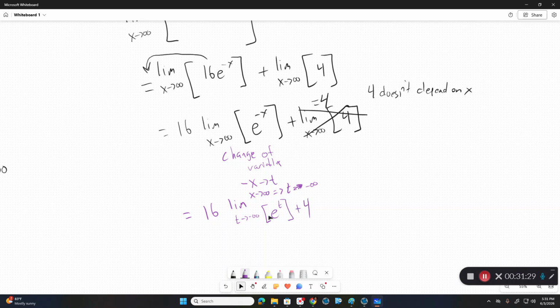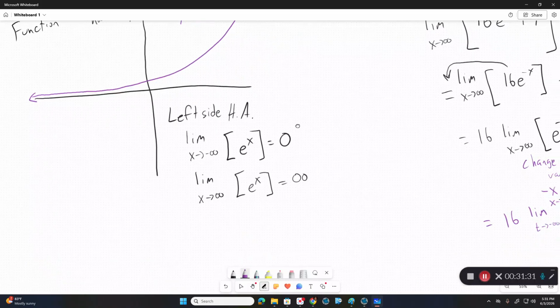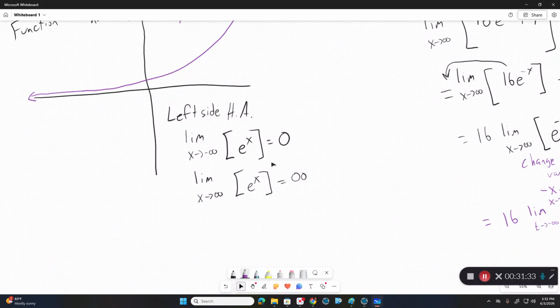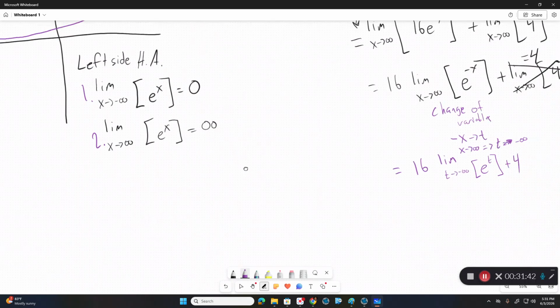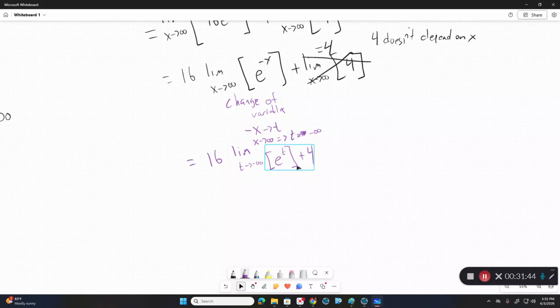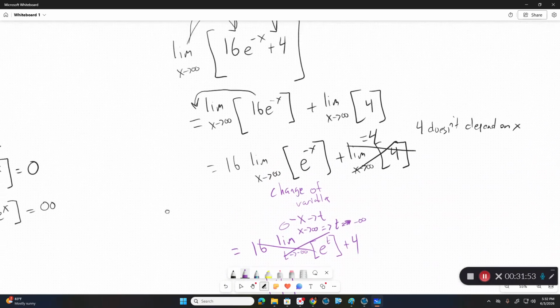And this one is that left side. So I always like to write whatever's inside, I always like to turn that into e to the x, so I can compare it to these two rules. So what is the limit as t approaches negative infinity of e to the t? This term is 0. And our answer is 4.